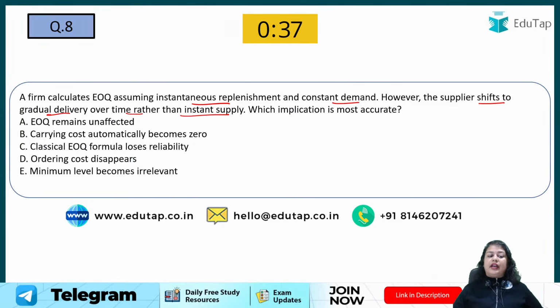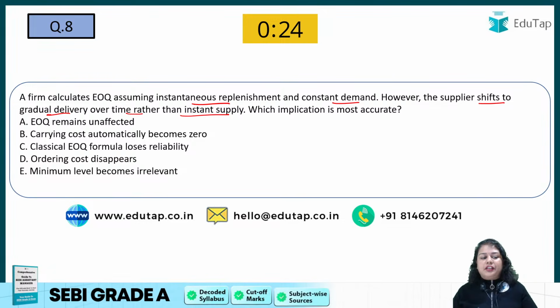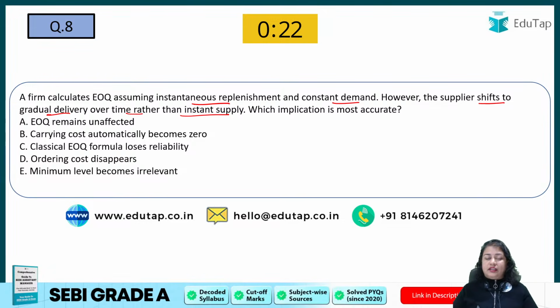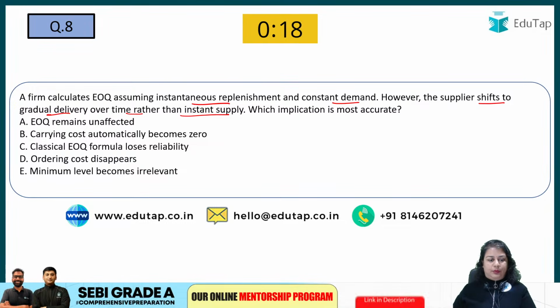Whenever we are calculating EOQ and ordering our products, we assume that the supplier will give all the material at once. That means instant supply will come to us. But the supplier shifts to gradual delivery. That means they will deliver in installments. You can say that some goods were sent now, some goods will be sent later. So which implication is most accurate here?